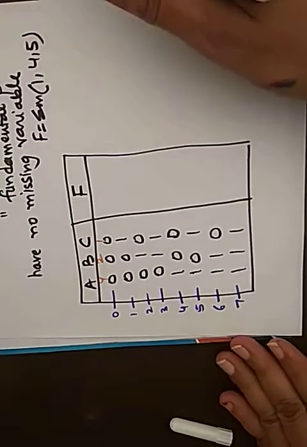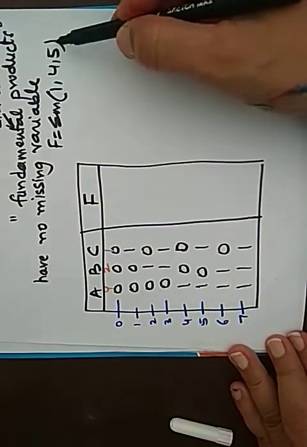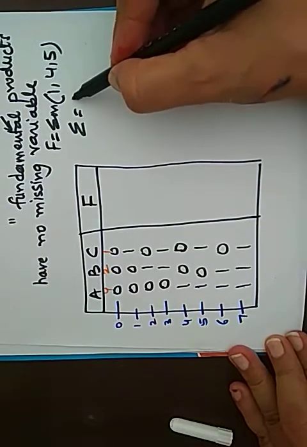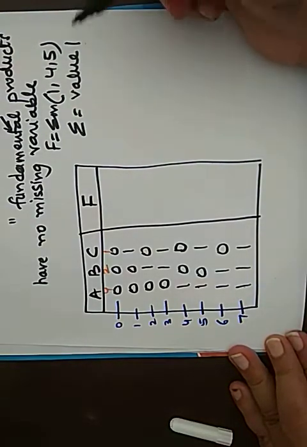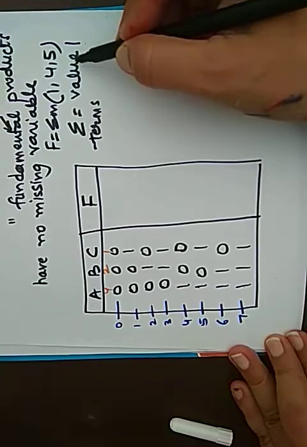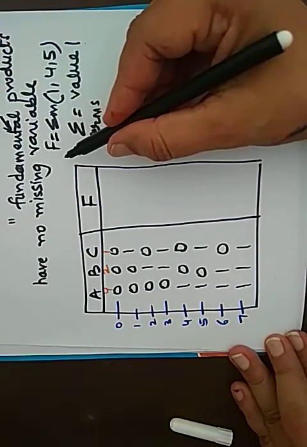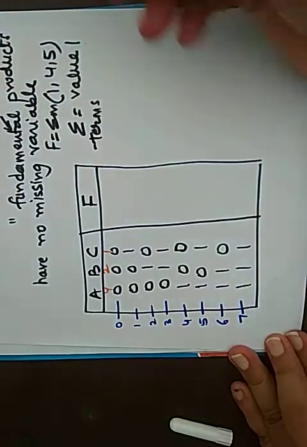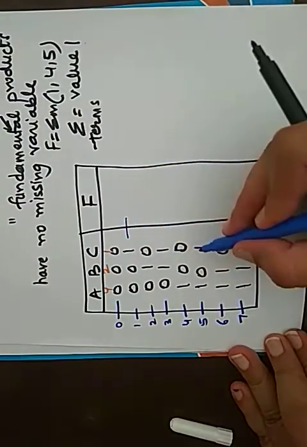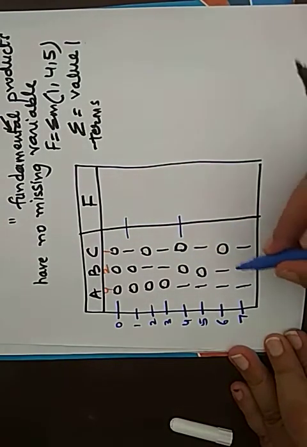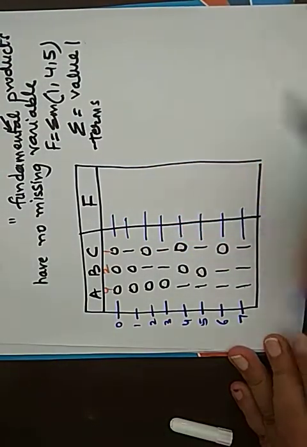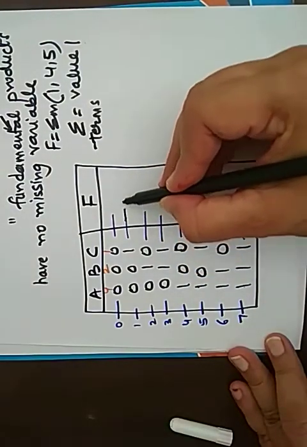Coming back to our function, sigma m 1, 4, 5. Sigma represents that these minterms have a value of 1. Sigma terms are those terms whose value is 1. So if the function is sigma m 1, 4, 5, it tells us that for m1, m4 and m5 the value is 1. For 1, the value is 1.